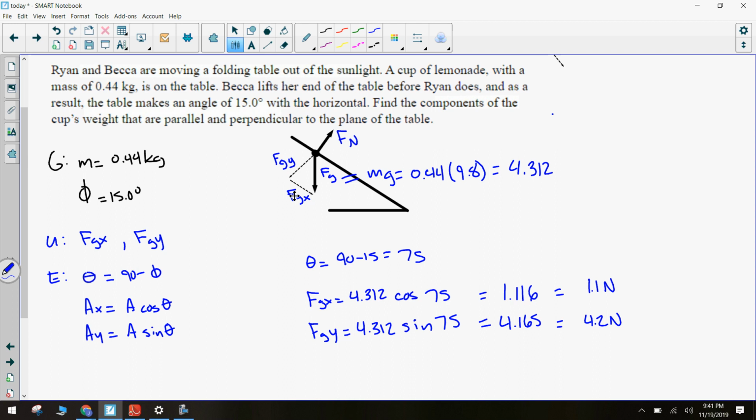Alright, so my FGX is going to be in the direction down the ramp. And my FGY will be perpendicular to the ramp.